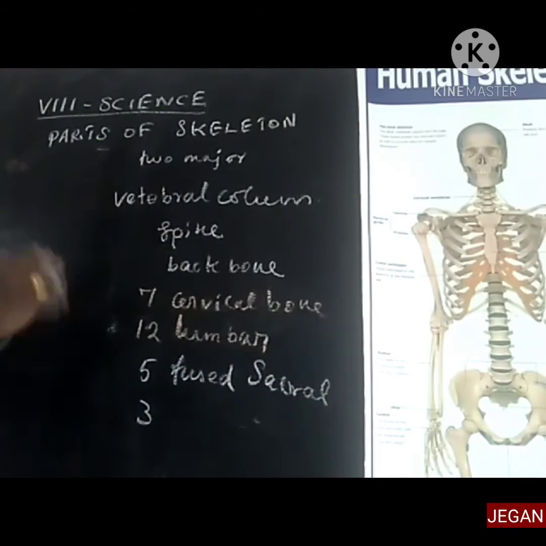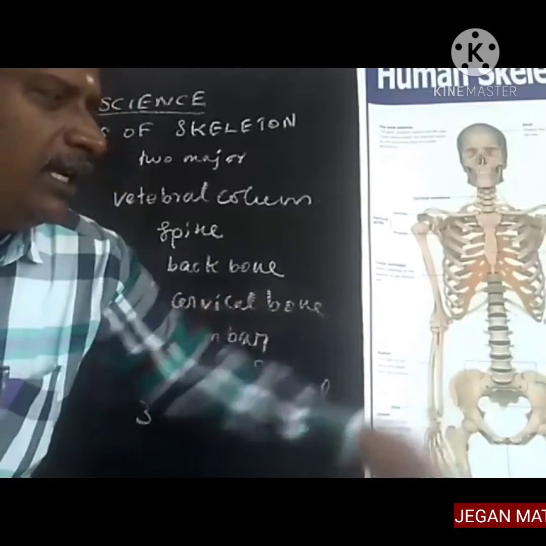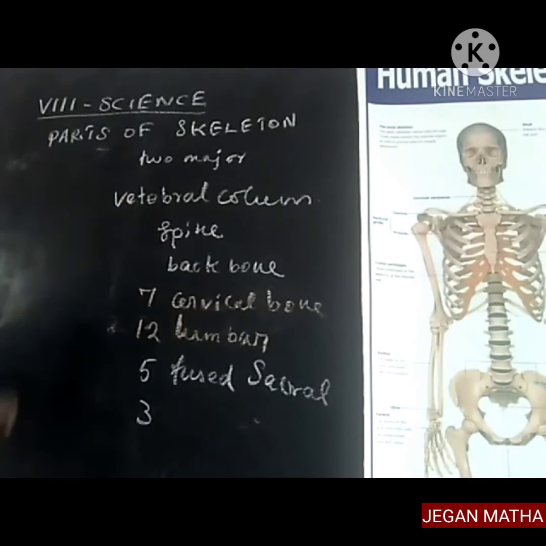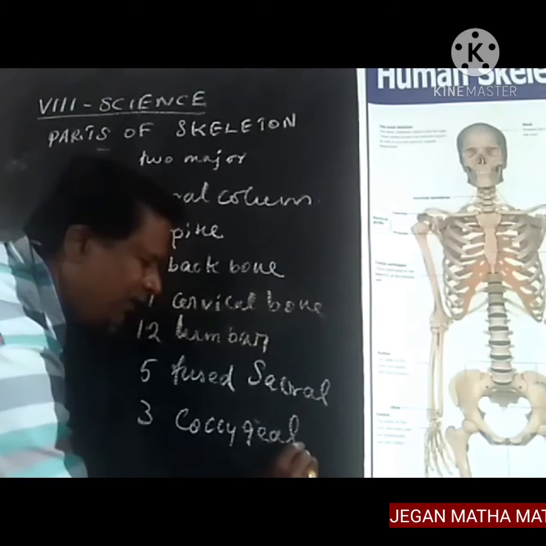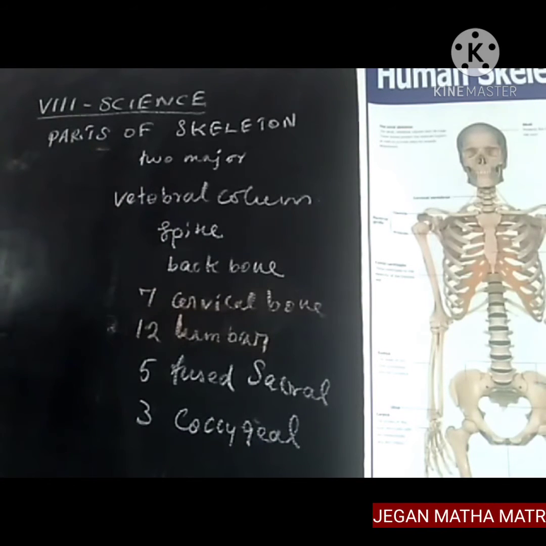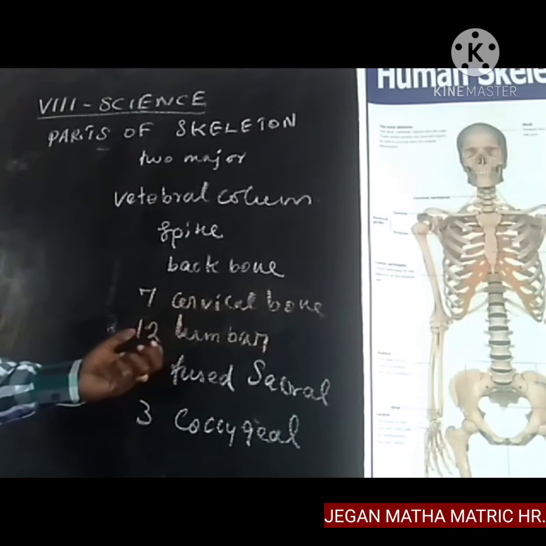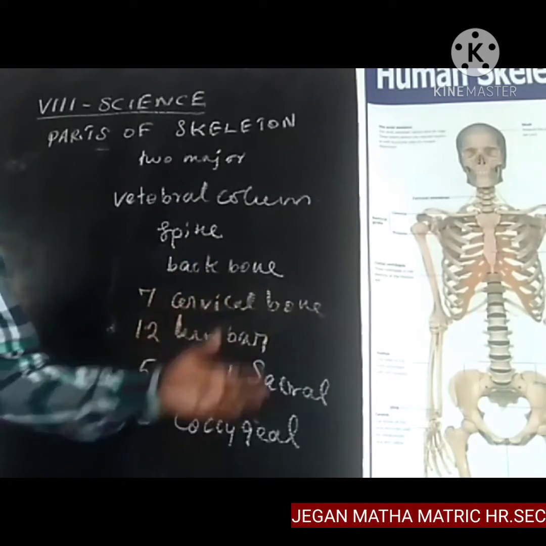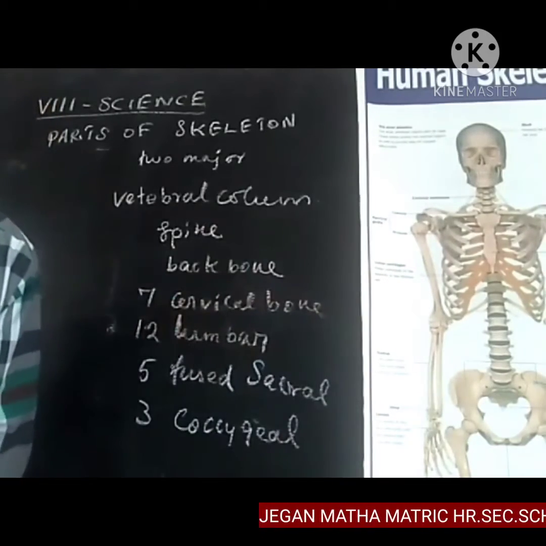Lastly, 3 fused bones are called the coccygeal bones. The vertebral column runs from the base of the skull to the hip region.